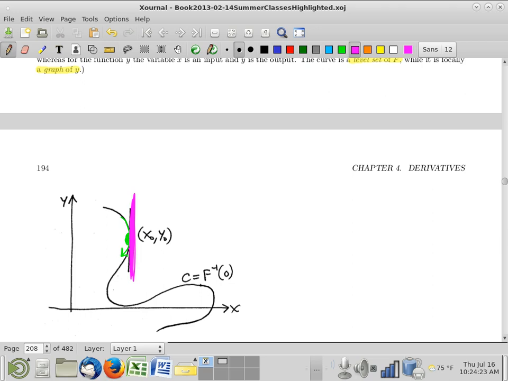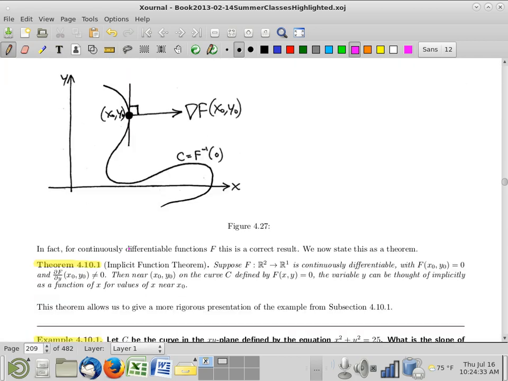So I would like to know, is there some way that I can identify when a curve has a vertical tangent line? Yeah, absolutely. There sure is. If a curve has a vertical tangent line, keep in mind the gradient is always perpendicular to the level set.